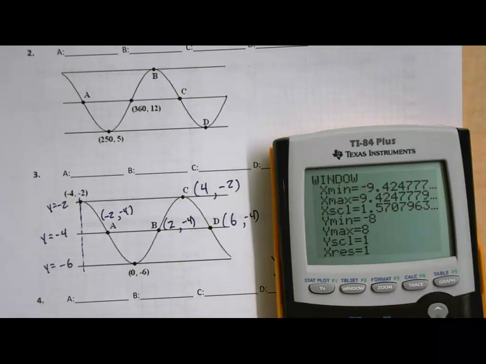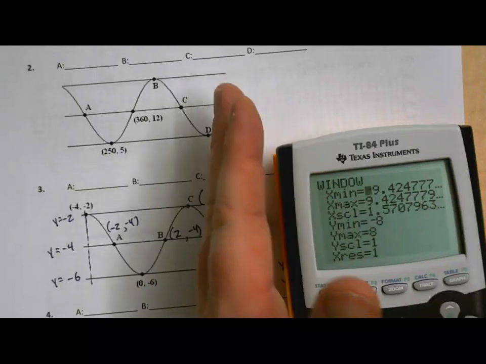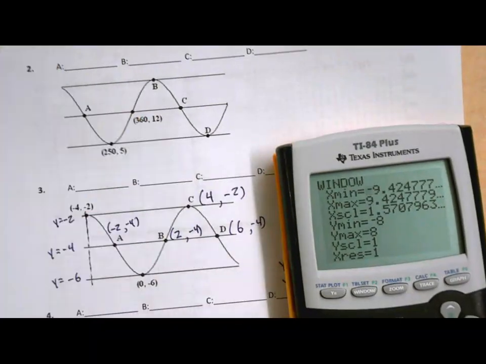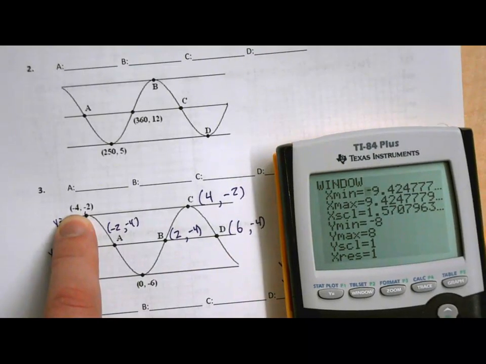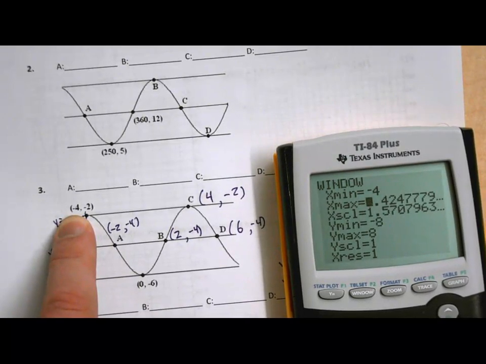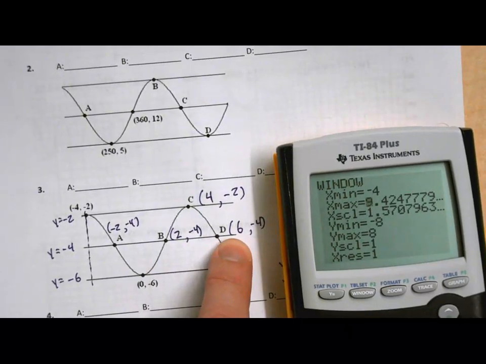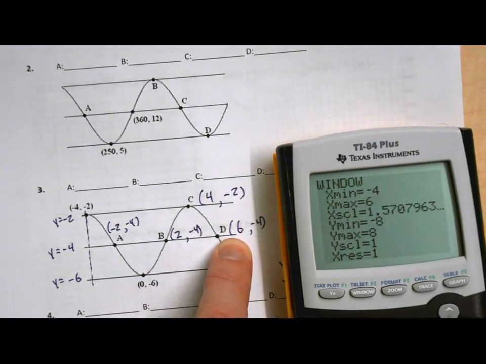And I'm going to adjust my window just based off of the furthest to the left point, furthest to the right point, the lowest point, and the highest point. So furthest to the left has an x-coordinate of -4, so I'll make my x-min -4. Furthest to the right has an x-coordinate of 6, so I'll make my x-max 6.